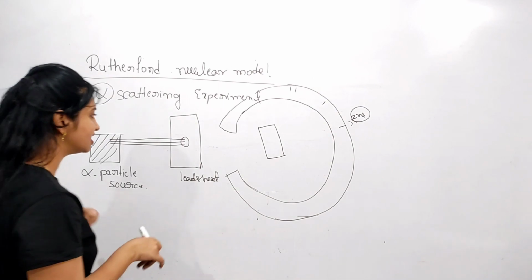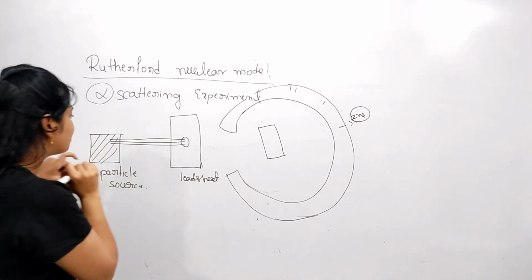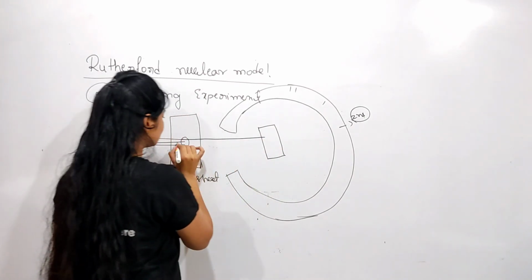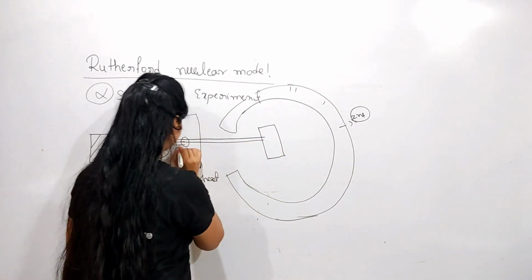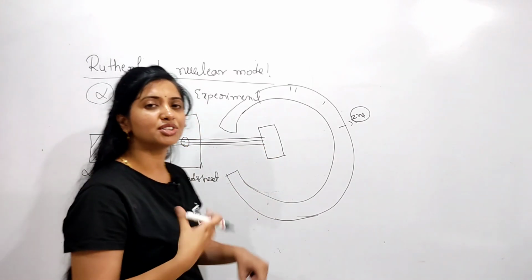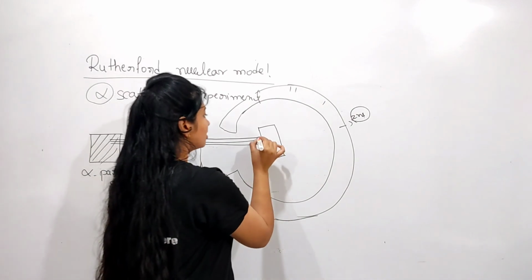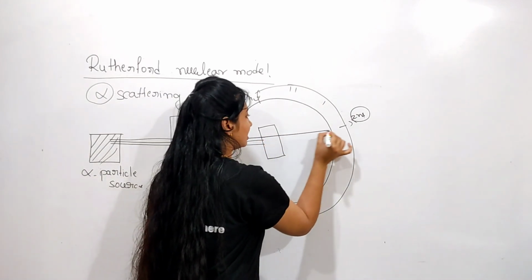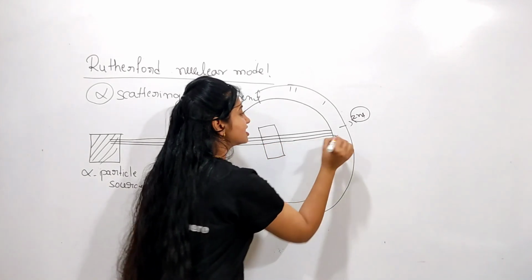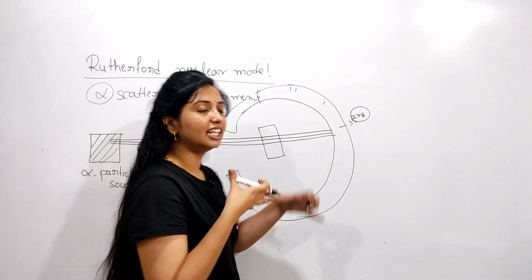Then what happens? When the alpha particle rays come and hit the gold foil, most of the alpha particles go in a straight line. They are undeflected.